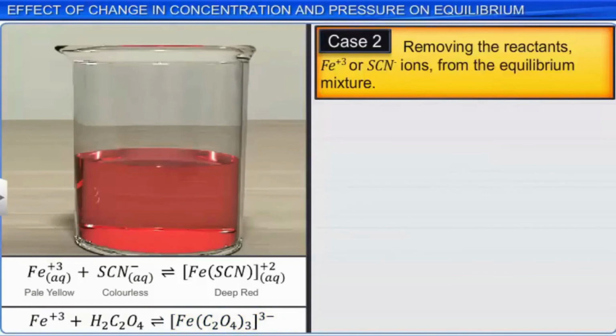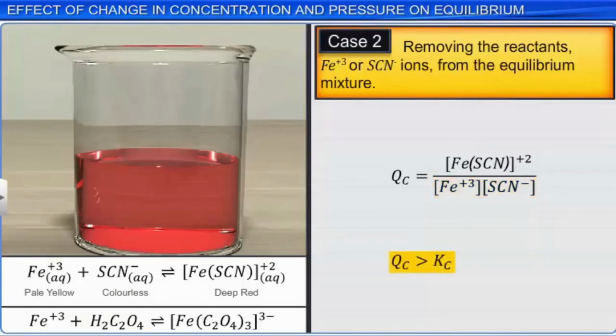This results in a decrease in the denominator value in the expression for reaction quotient. Thus, the value of Qc becomes greater than Kc. When Qc is greater than Kc, the reaction proceeds in backward direction.